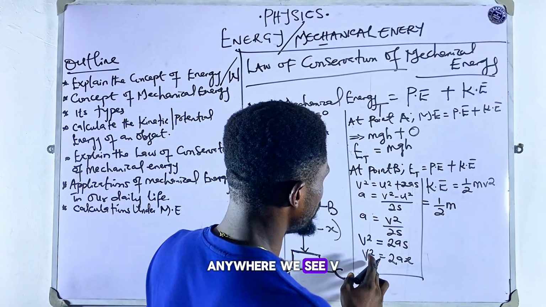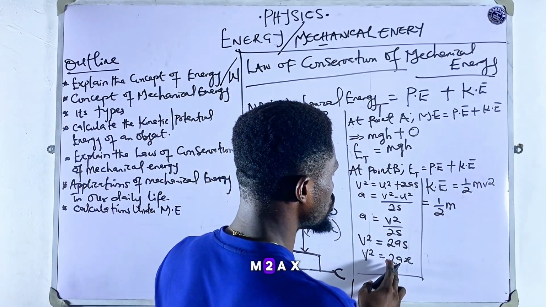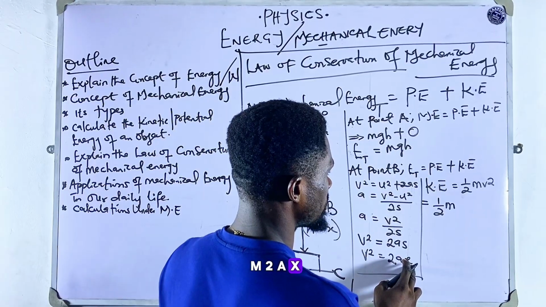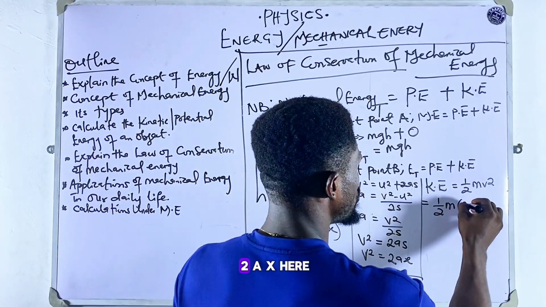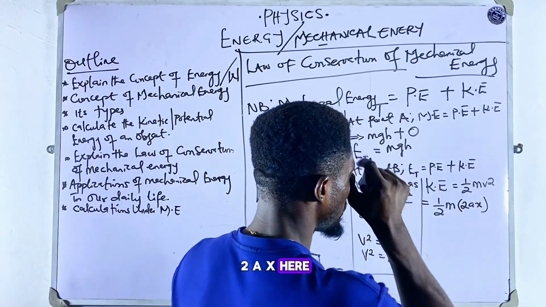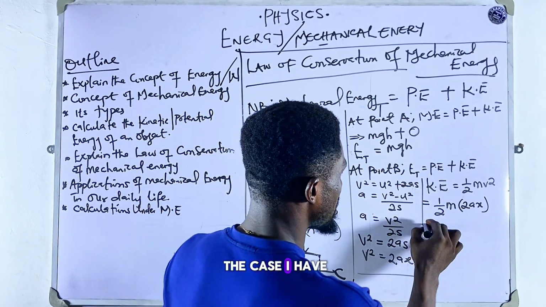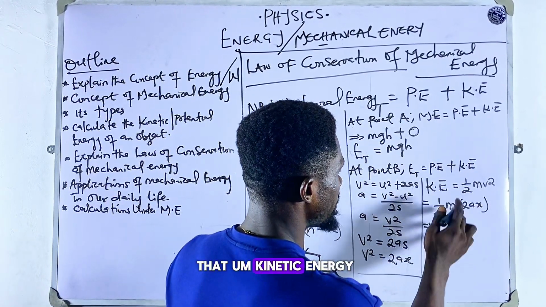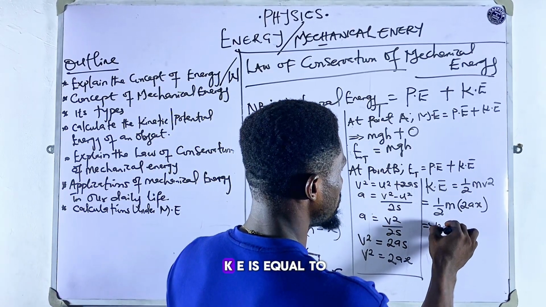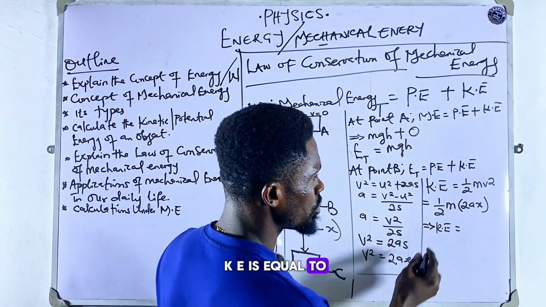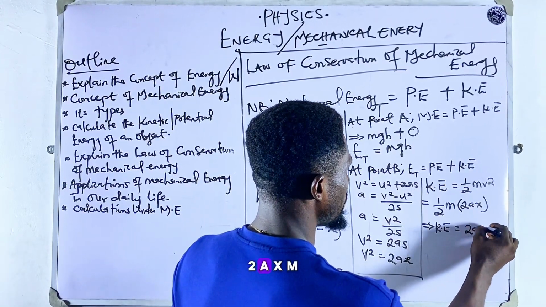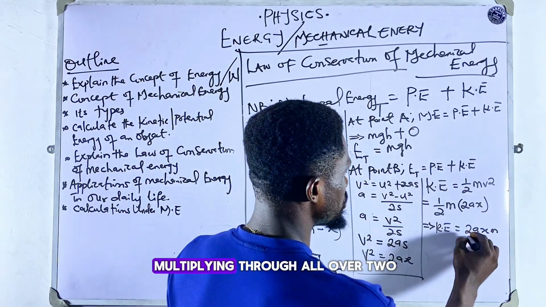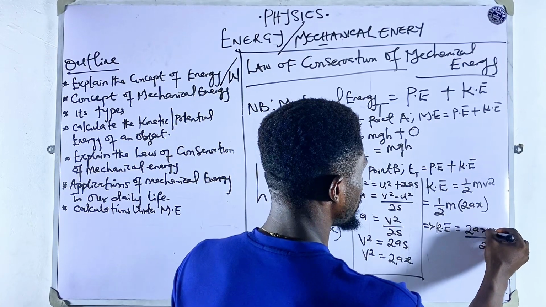Anywhere we see v squared, we call it 2ax. Are you with me? So I have that kinetic energy KE is equal to 2axm multiplying through all over 2.